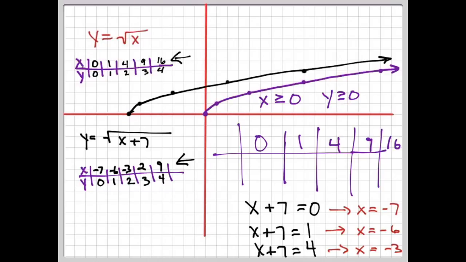What would our domain be for this function? X is greater than or equal to -7. And does the range change? No. When we're only applying a horizontal shift, it only changes the domain. When we're only applying vertical changes, it only changes the range. Range is what outputs, what vertical values you cover. Domain is what horizontal values you cover.